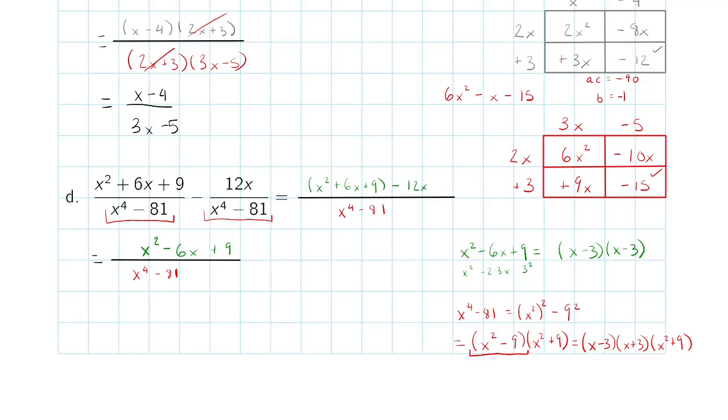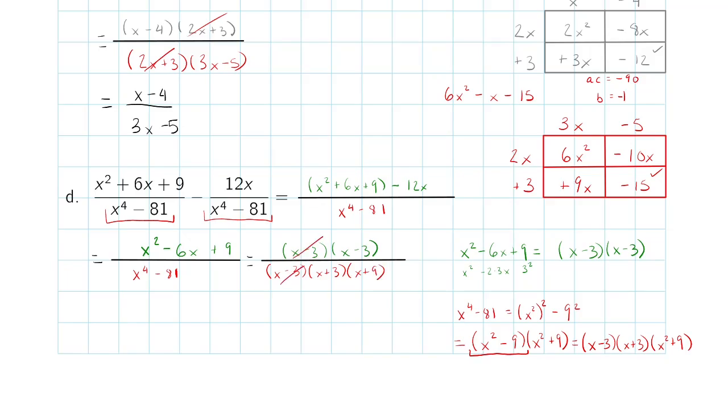So we're left with, in our numerator, an x minus 3 times another x minus 3. In our denominator, an x minus 3 times an x plus 3 times an x squared plus 9.